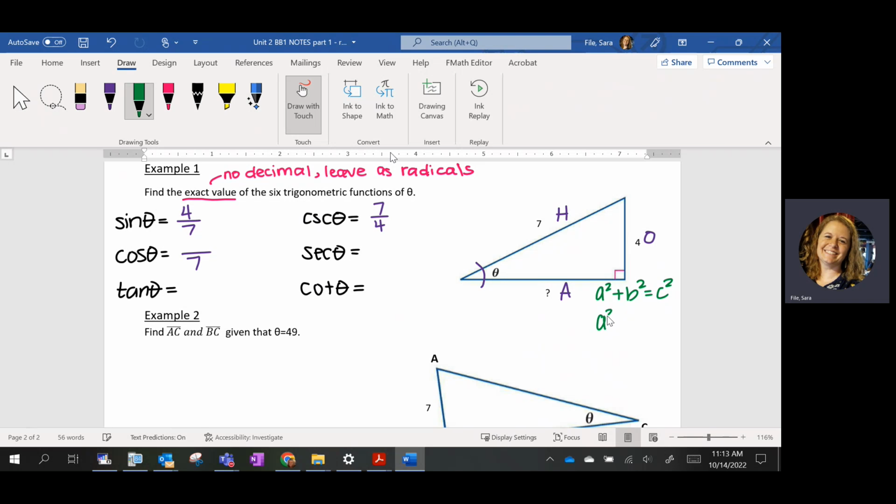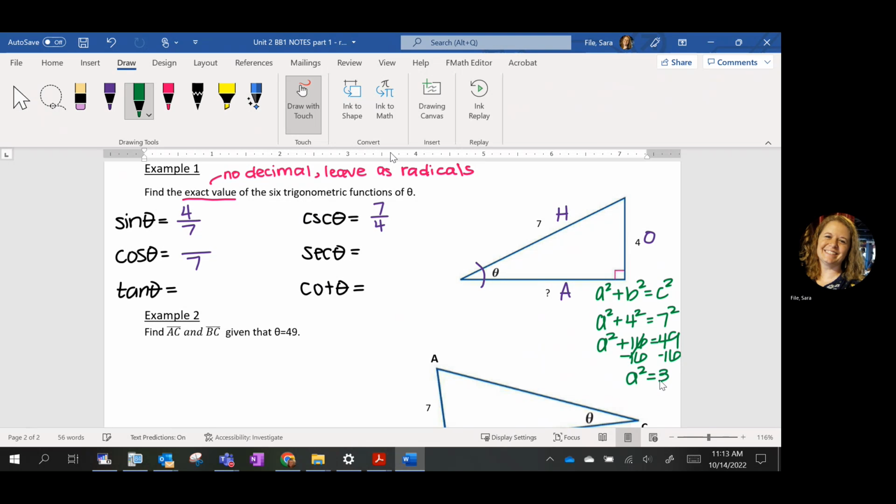So I'm missing A. The other leg is 4, and the hypotenuse is 7. So I would have to solve for A, I need to subtract the 16 over. How do I get rid of that squared? Take the square root. So A is the square root of 33.